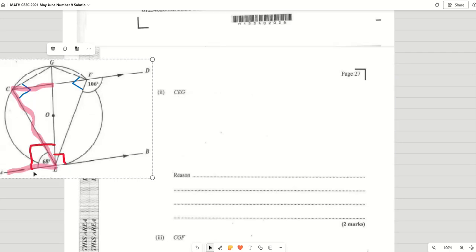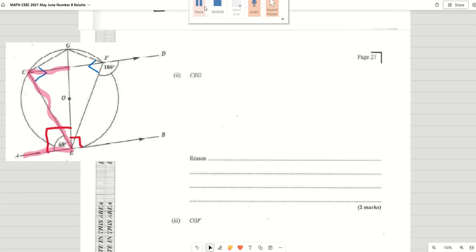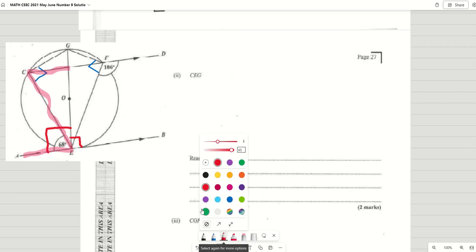Next, they asked to find angle CEG. So they're asking you for this angle here. Let's denote it with another color, I'll put green. They're asking you for this angle right here.